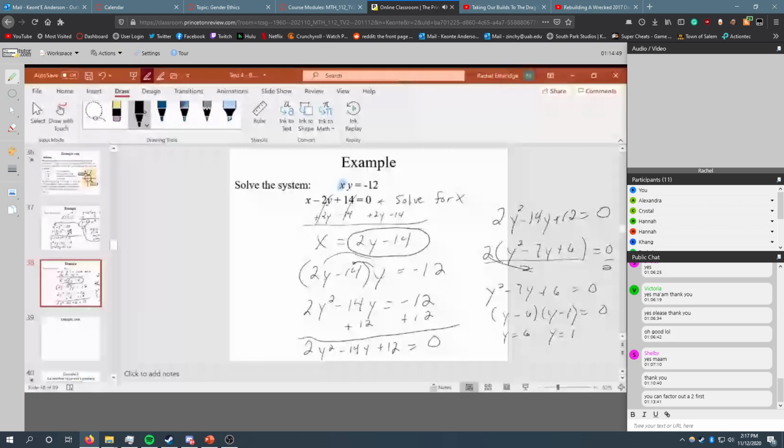And you can take those and plug them in. I would plug them in right there where I already solved for x.